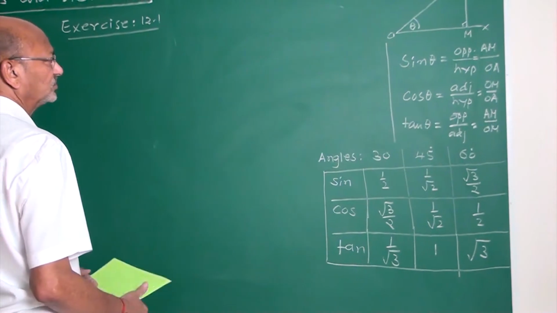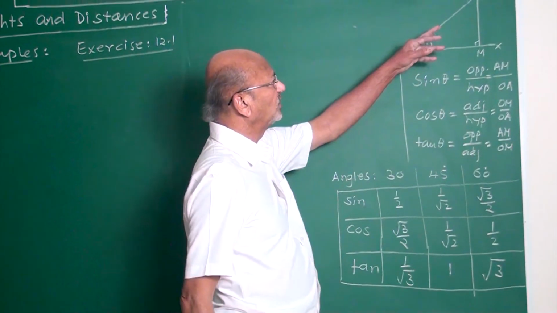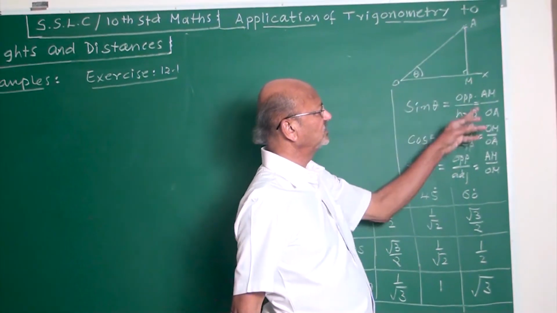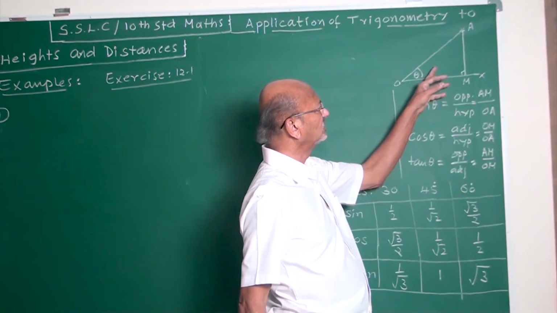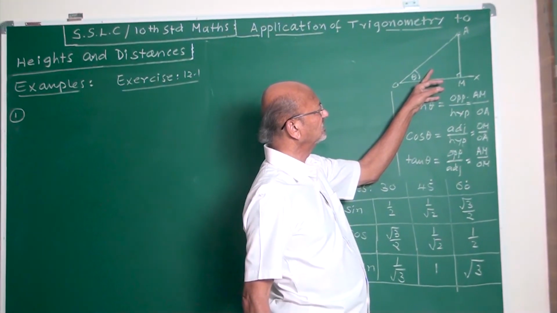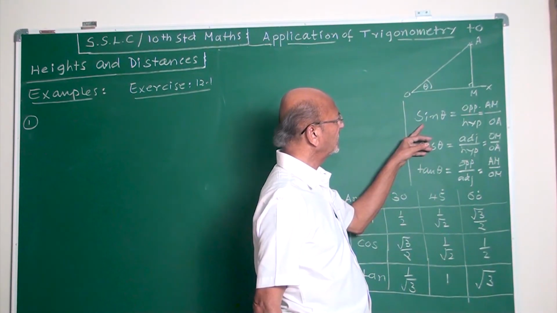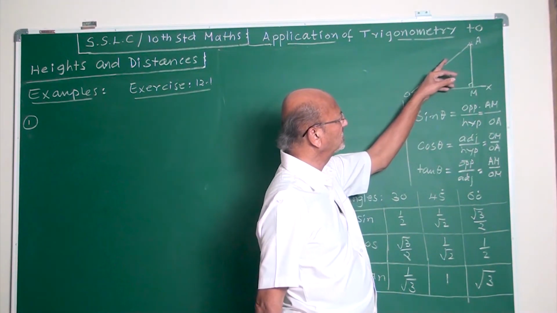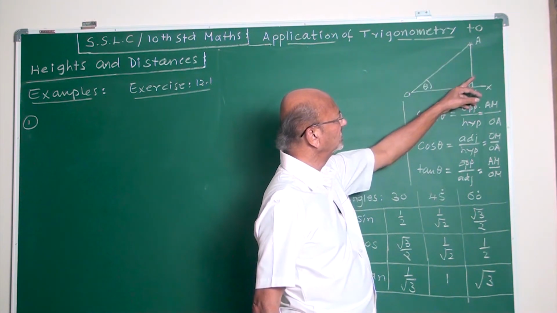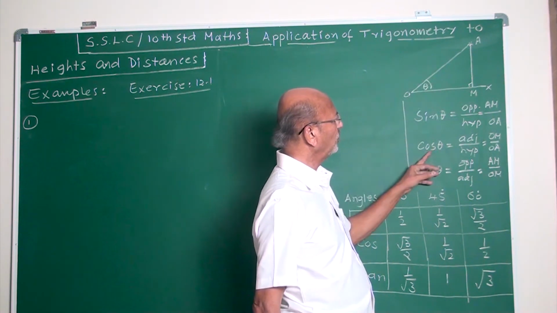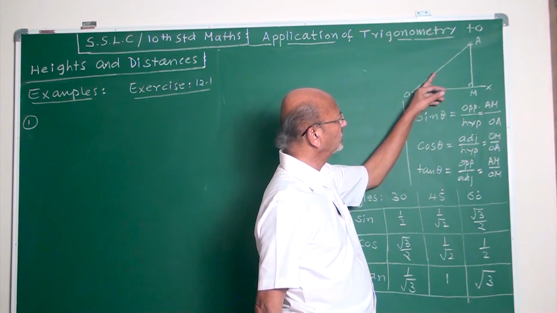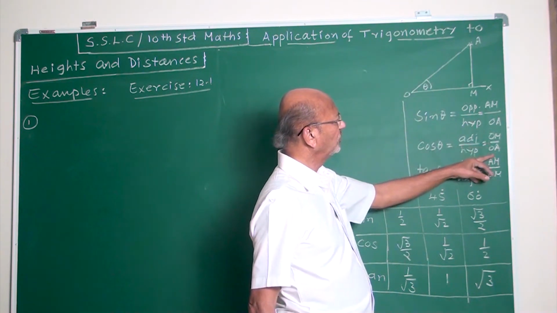Either angle of elevation or angle of depression, we get this right angle triangle, and we define trigonometric ratios. Sine theta, opposite upon hypotenuse, AM upon OA. Cos theta, adjacent upon hypotenuse, OM upon OA.